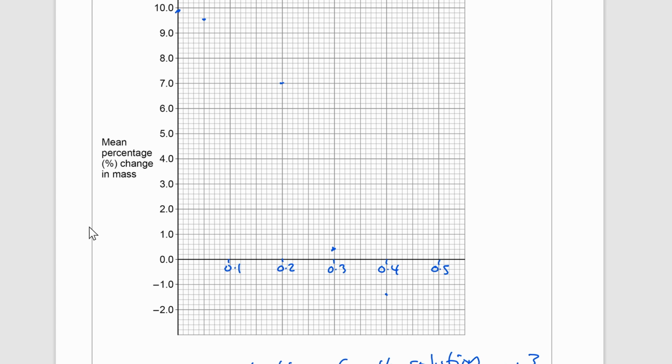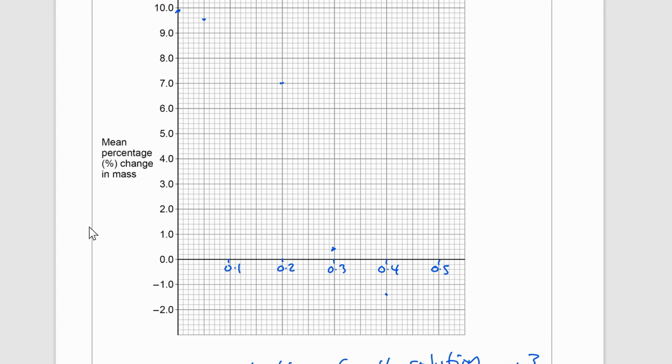We now need to provide a line of best fit. Now, what we should be doing in a line of best fit is looking at the shape of the points and then creating a line which fits most of that data. So in this case, you can see that our line is starting to form some sort of downward curve.